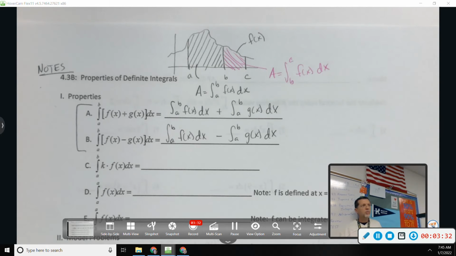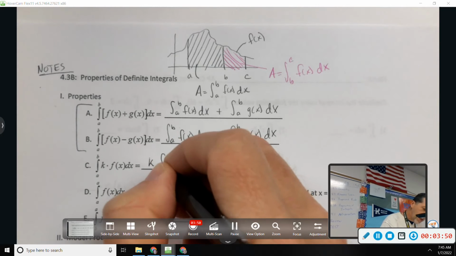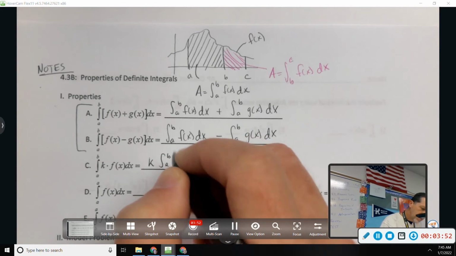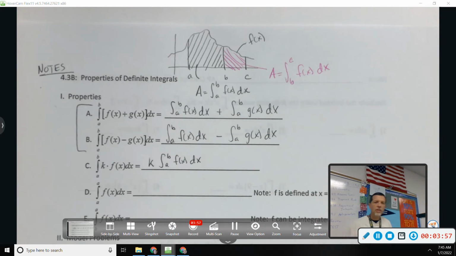Parent function experts. To increase it, it would double its height. So if I doubled its height, what would that do to its area? Double the area. And so that k can slide out front. It would double the height, which would double the area, so we can just slip it out front.